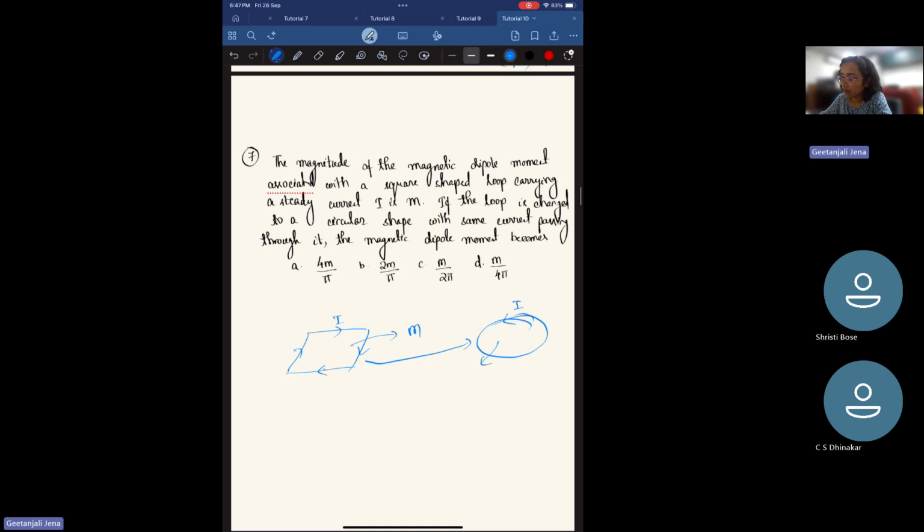So what will be the magnetic dipole moment here? Calculate it. It's quite easy. Recall the formula for the magnetic dipole moment.